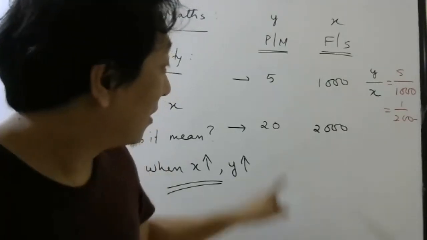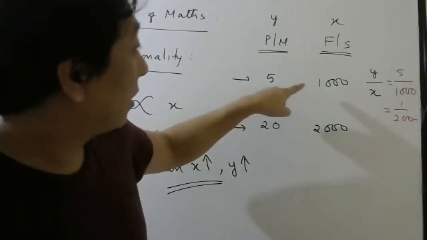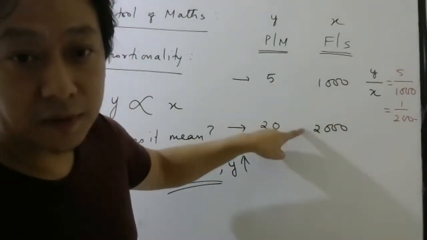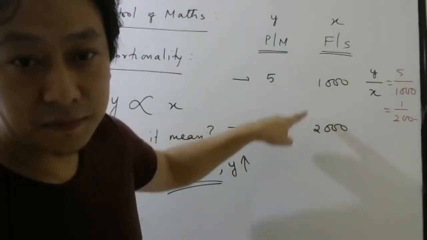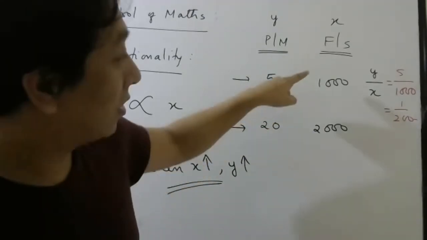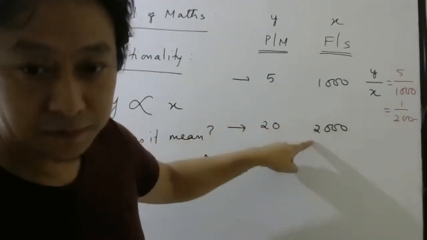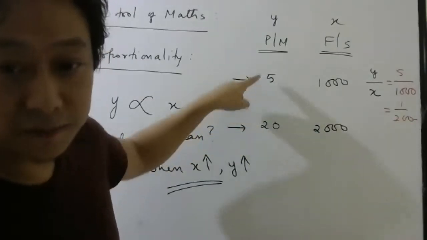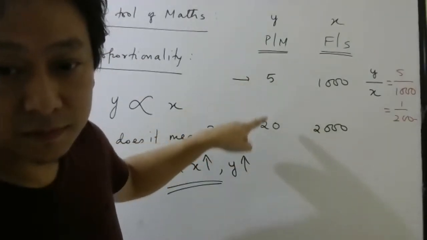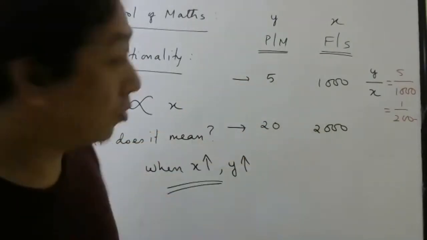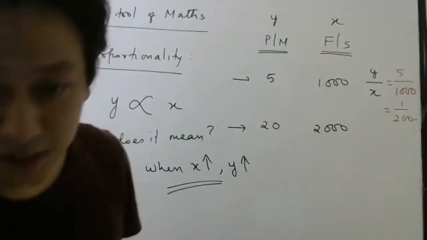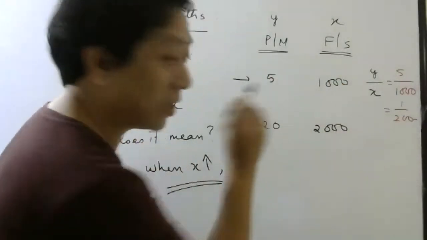Now you see, X increased or not? Just say Y or N. Y increased or not? Y also increased. So X also increased, Y also increased.